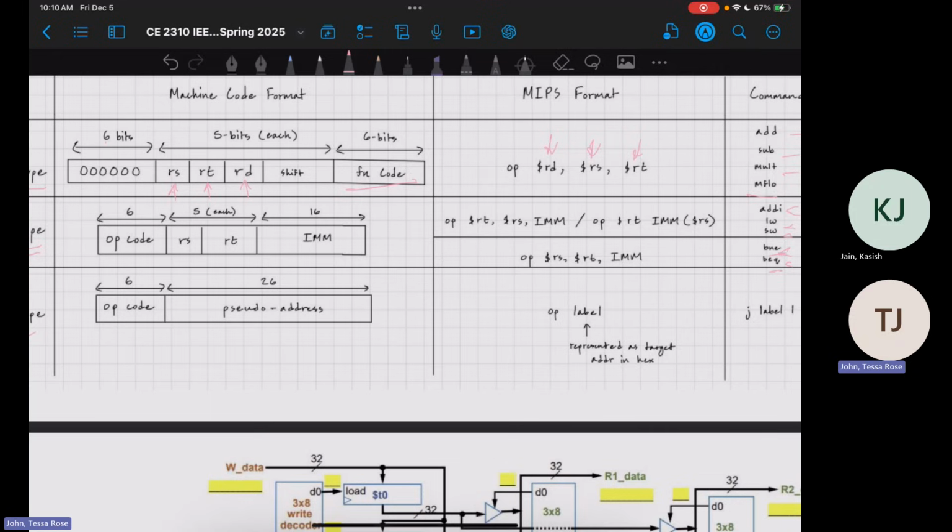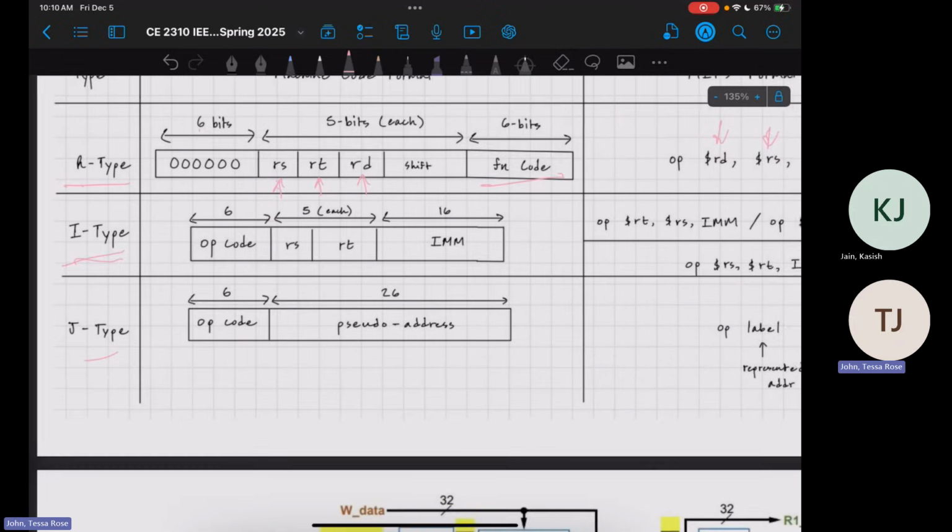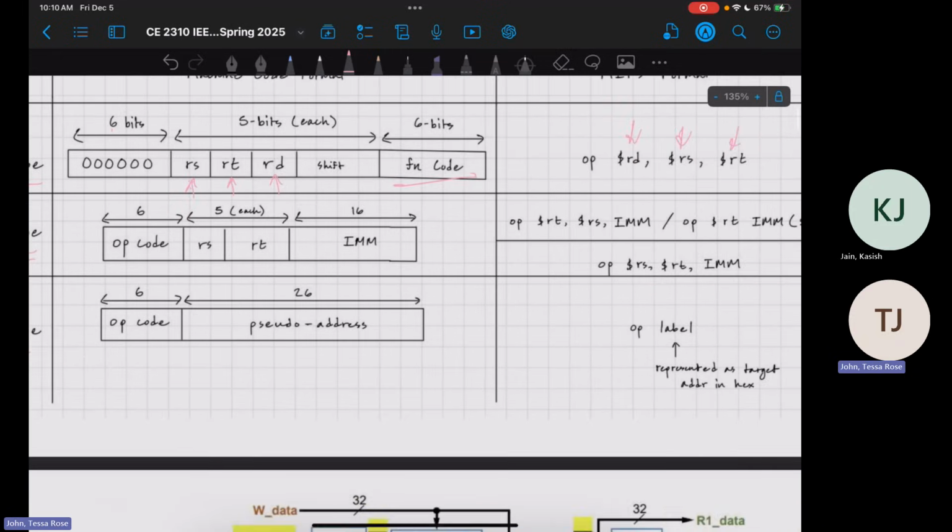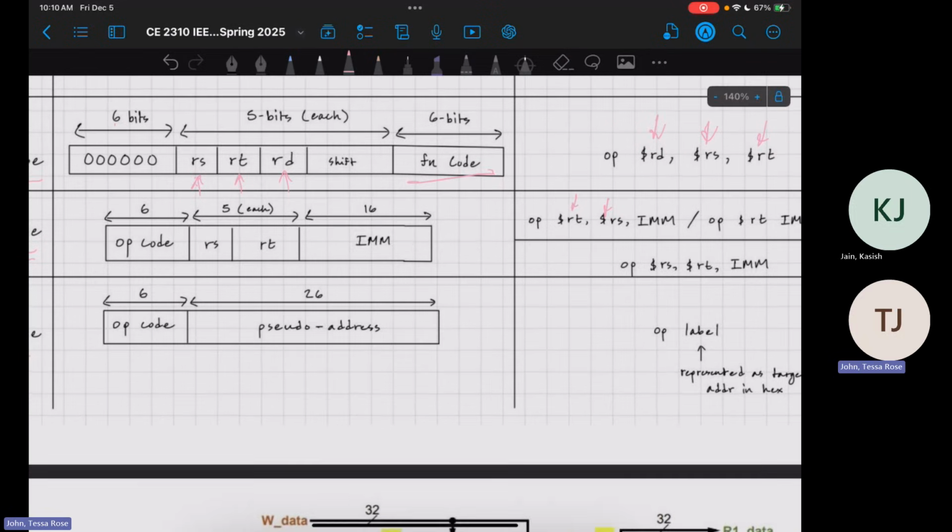We'll go over it later, but essentially this one we only have two of it. So the load word and the store word is where we take data either from the data memory or the register file, and then we read it from one of them and you write on the other side. So that's why we only have the RS and RT. We don't have an RD. Does that make sense?